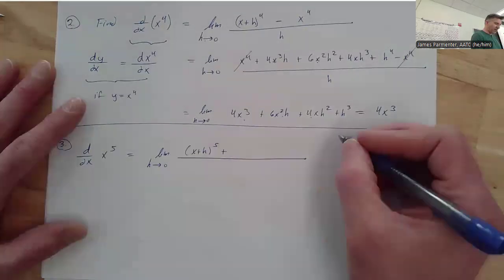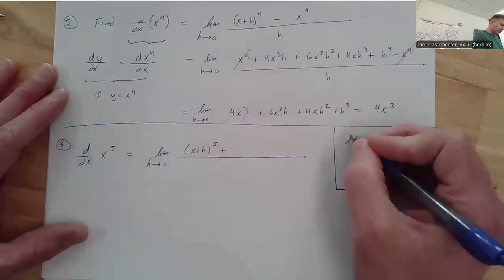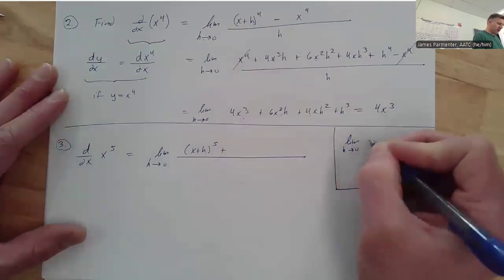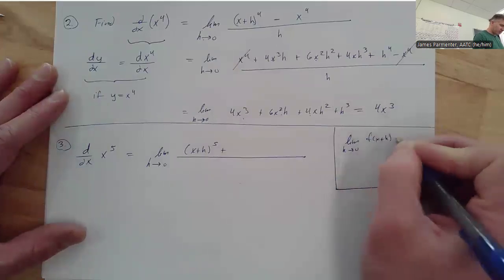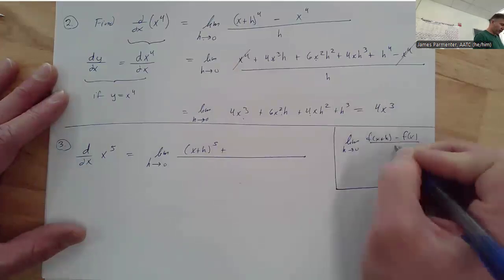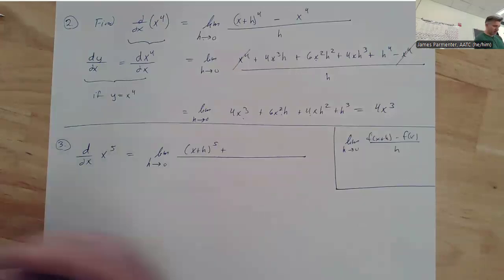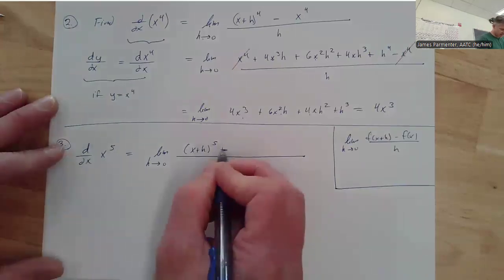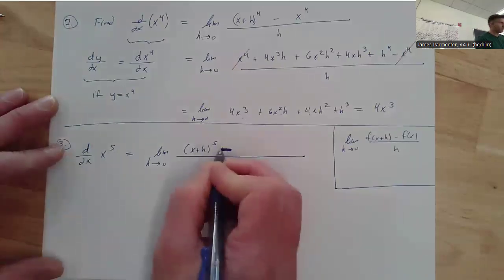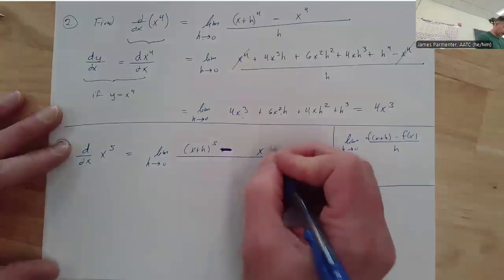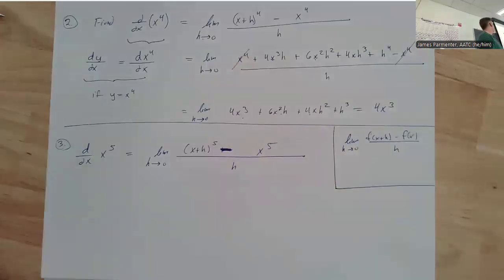When I'm starting off, I remind myself that the derivative is the limit as h goes to 0 of f of x plus h minus f of x all over h. I like to remind myself of that every time. So that should be a minus sign there, a big minus sign. X to the fifth, all over h.